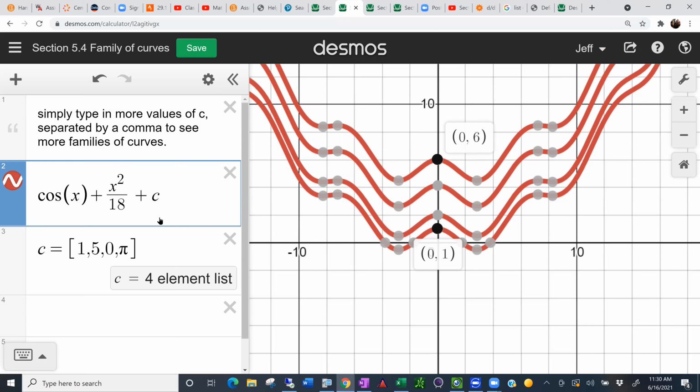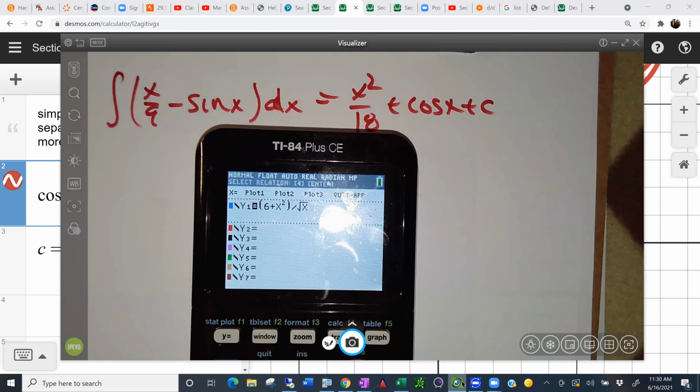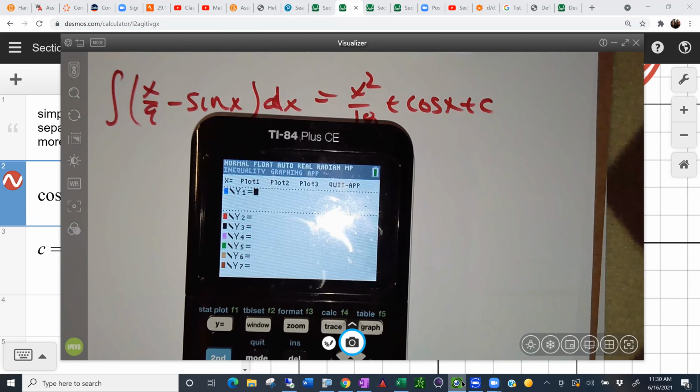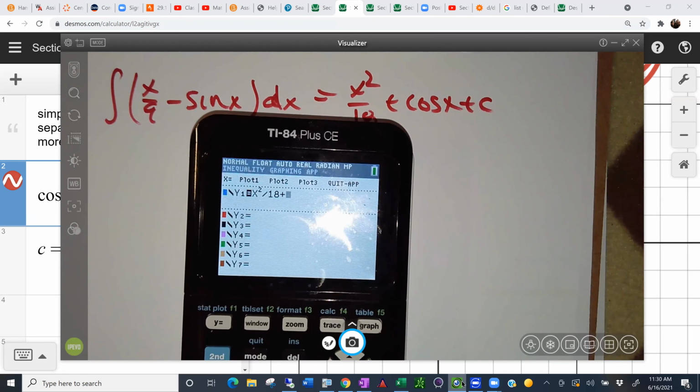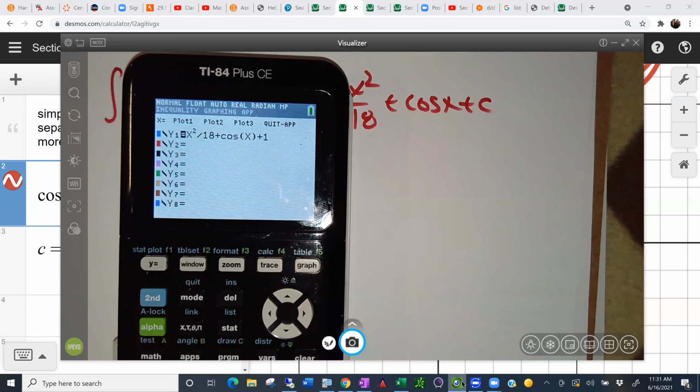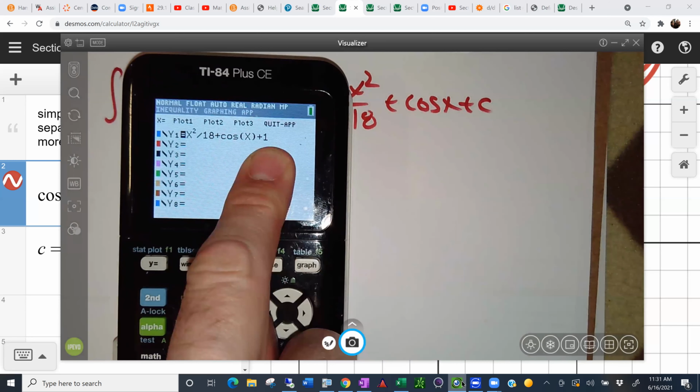And alternately, you can do that kind of thing, not quite as elegantly, but you can do it on your graphing calculator. You can do, for instance, x squared divided by 18 plus cosine of x plus 1. And then type in that same function again, except plus 3.